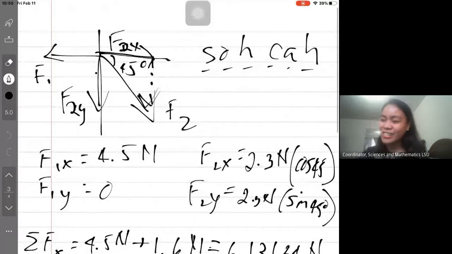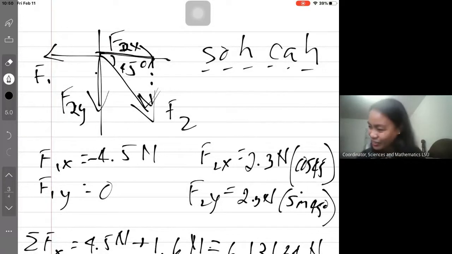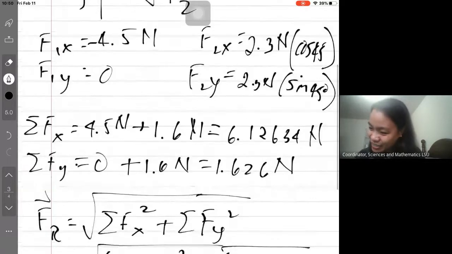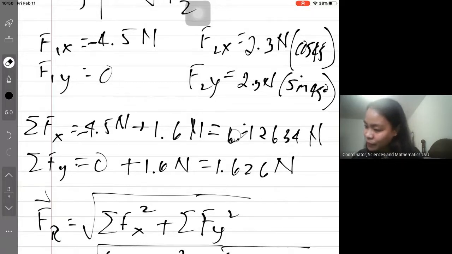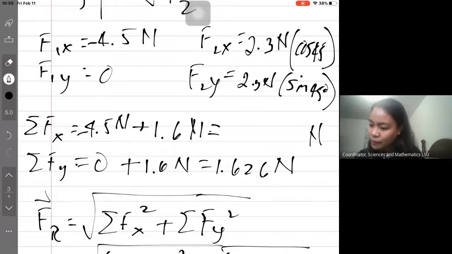F1x is going to the left, so this will be negative. Sorry, guys, this is negative. And I'll erase this one. Alright. Okay. Negative 4.5, 1.6 minus 4.5. So this will be negative 2.9.